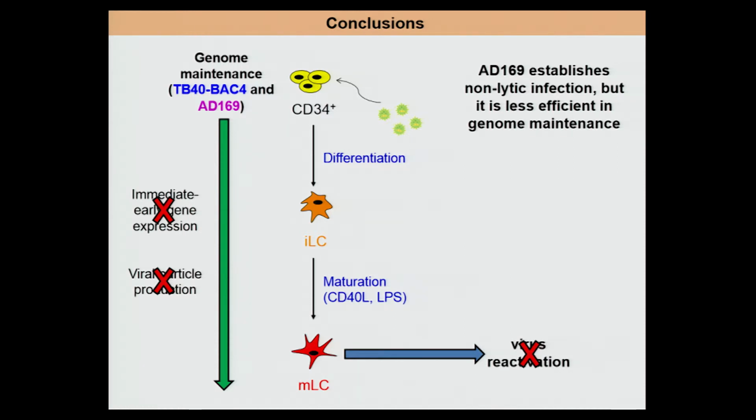The second important conclusion was that the maturation using CD40 ligand and LPS was not able to induce virus reactivation. So what we think is that additional stimulation is necessary for the virus to reactivate.